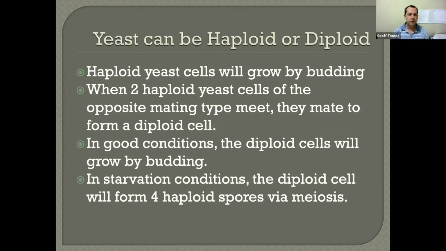So firstly, let's just say a few basics that will help us understand how we'll answer this question. Yeast can be haploid or diploid. Haploid yeast cells will grow by budding. And when two haploid yeast cells of the opposite mating type meet, they can mate and form a diploid cell. So I'll stop my sharing and draw a bit of a picture to show you.